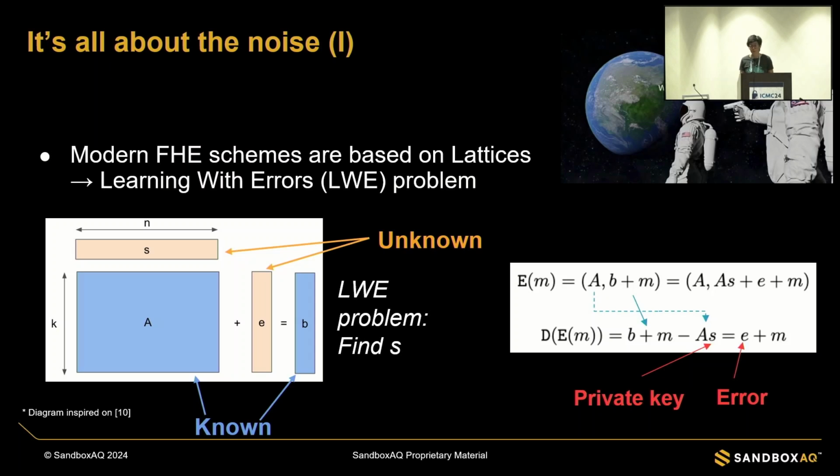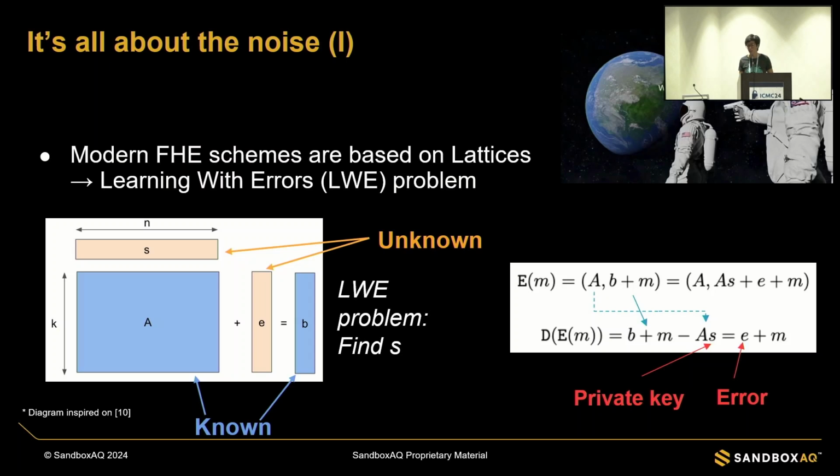Okay. In order to decrypt, the decryptor can multiply the secret value S by the known matrix A and subtract the result from the second part of the encryption. As a result, we get the error plus the message. And if we have selected our parameters well, we are going to be able to round this in order to get the message. No?